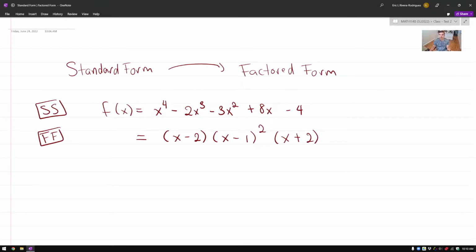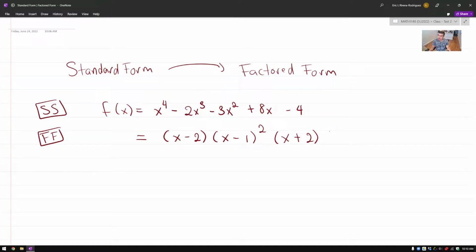Okay, so what happened with the factor form? Well, we have three factors here because these sets of parentheses are being multiplied with each other. If we multiply them all together, we are going to get back to the standard form or the simplified form of this polynomial. The polynomial is also a function.